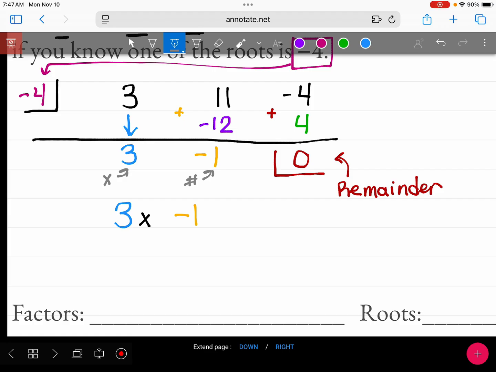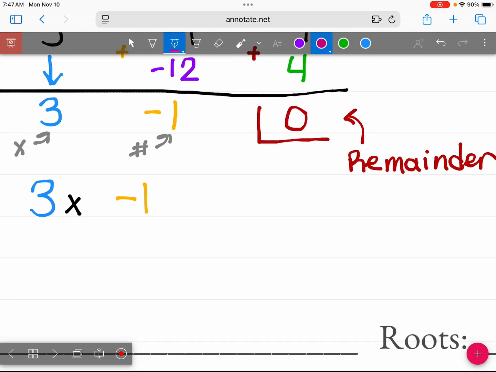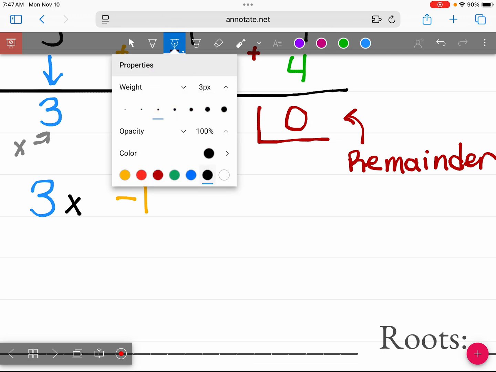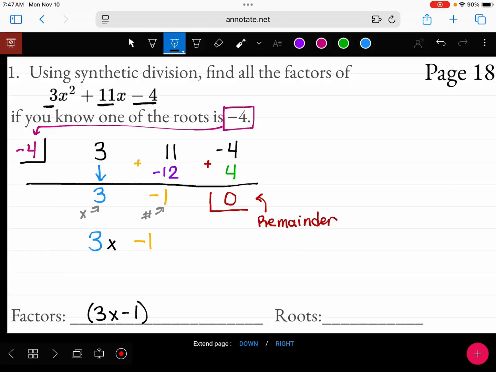So looking at this original polynomial here, my 3x squared plus 11x minus 4 is made up of 2 different factors. The one we just found, our 3x minus 1. And what is the factor when we have a root at -4? Because we know one of those roots is -4.